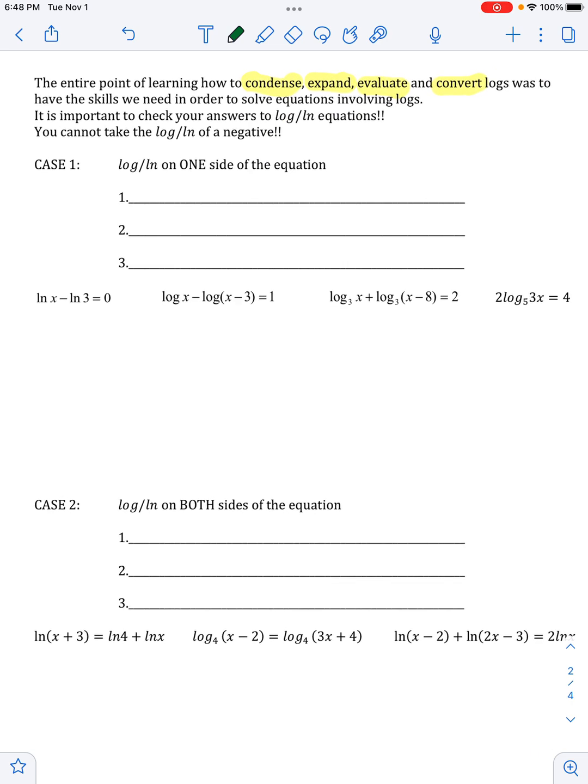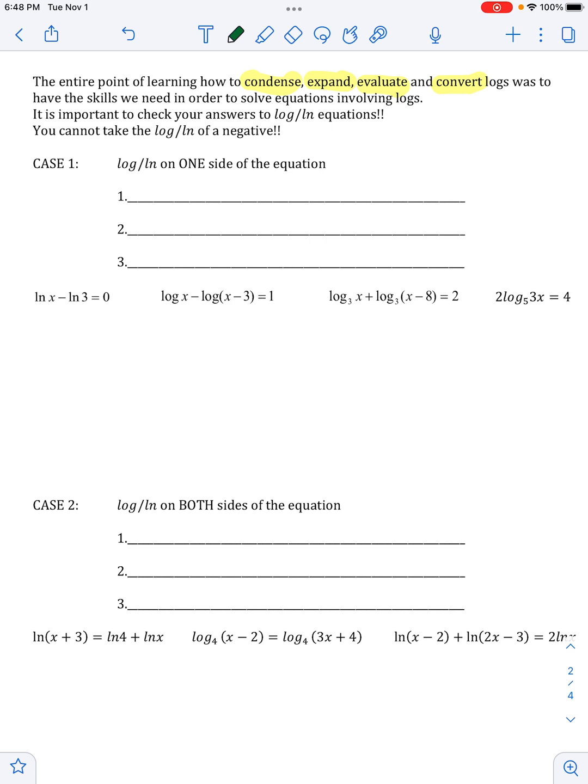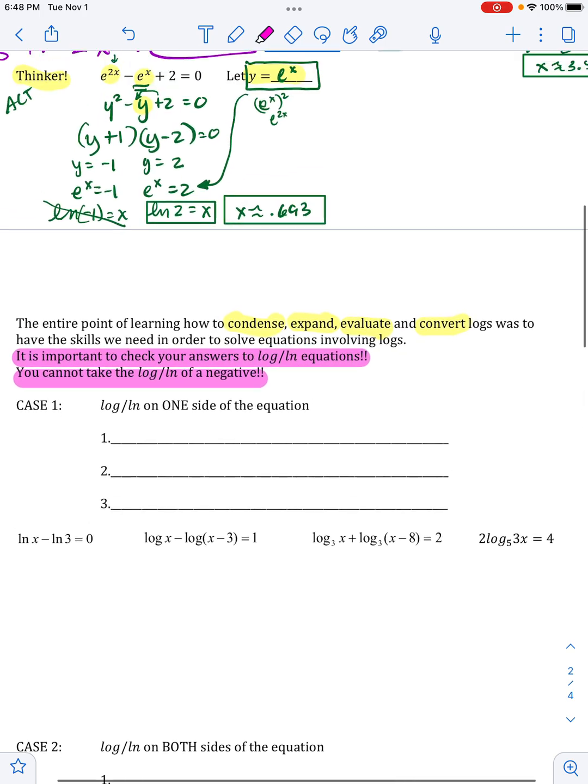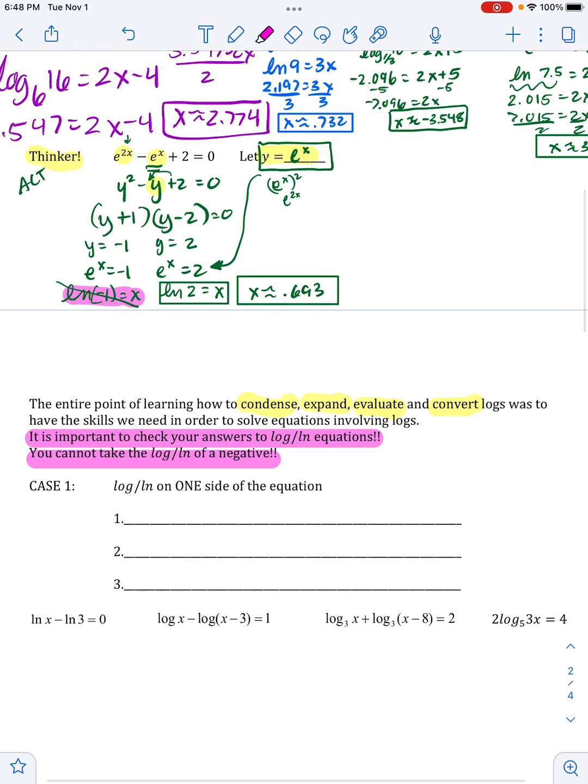You'll know it's a log equation because it says so. Oh, one thing you have to pay attention to. I know that nobody in the history of ever actually checks their answers, but you really should with these, because very often you will get values that you can't actually use because you cannot take the log or natural log of a negative, like the problem right here.